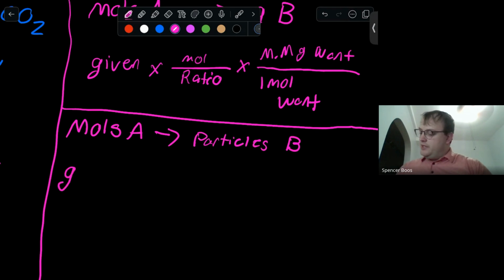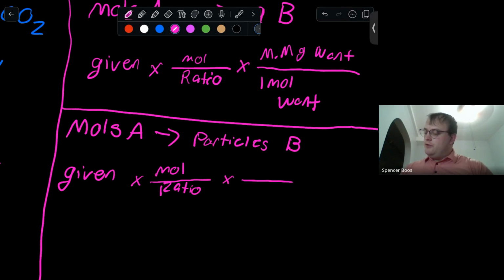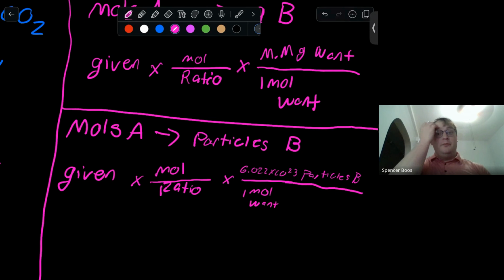You do your given times the mole ratio times, for every 1 mole of want, you get 6.022 times 10 to the 23rd particles of B. Let's do an example of that one.